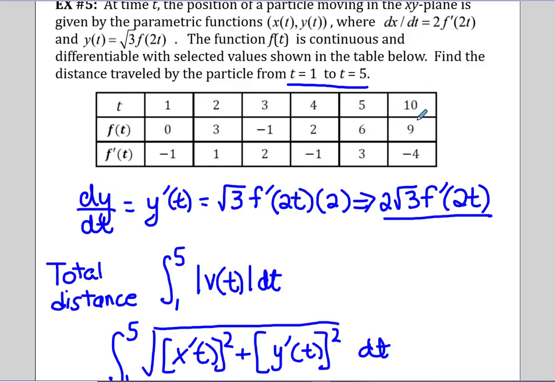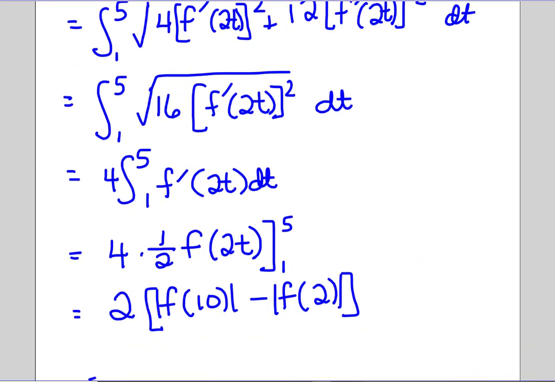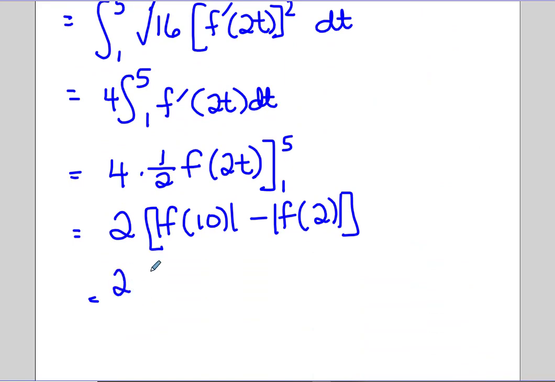F of 10 is 9. And then the f of 2 was 3. So 2 times 9 minus 3, that's 6. 2 times 6 is 12. So a little tedious, but workable there.